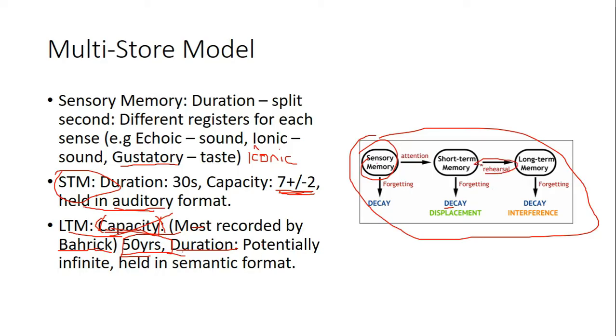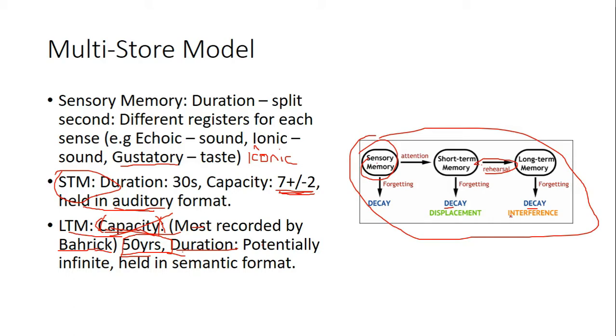Then you have to rehearse. Now rehearsal, if you do it enough, just puts things back in short-term memory, but there is a point where if you rehearse something enough, it goes into long-term memory, and then once it's in long-term memory, it can stay there if you keep rehearsing it a lot of the time, but if not, then it faces either decay, which is where it just dies off because it's not being rehearsed, or it's interfered with.